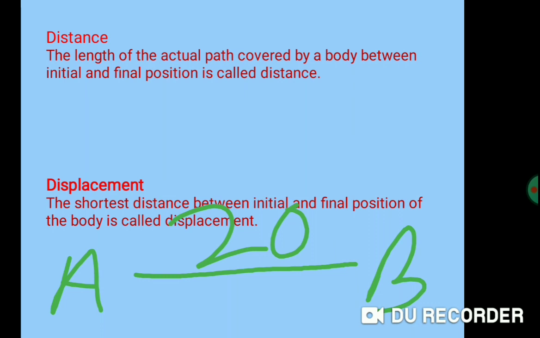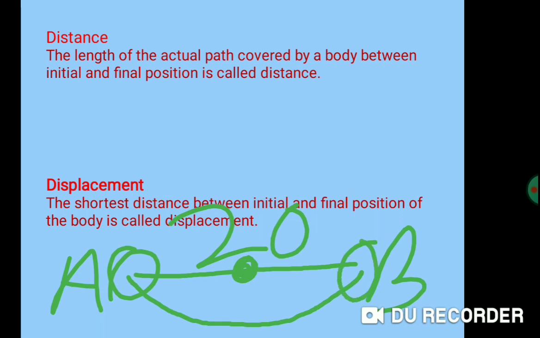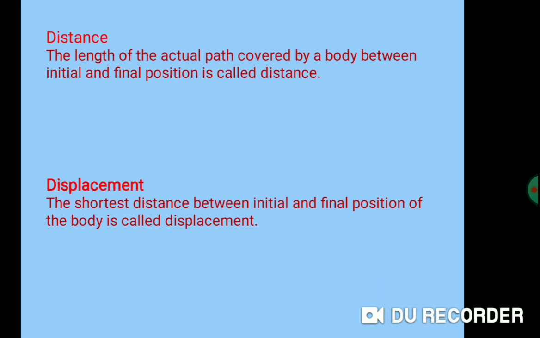Okay, when the path is blocked, we are again changing the path. But this time, the shortest distance between initial position A and final position B is what? The straight line. So it is 20 meter.